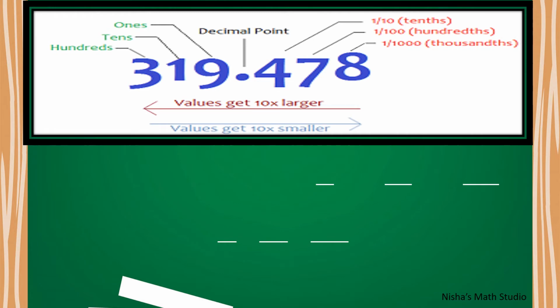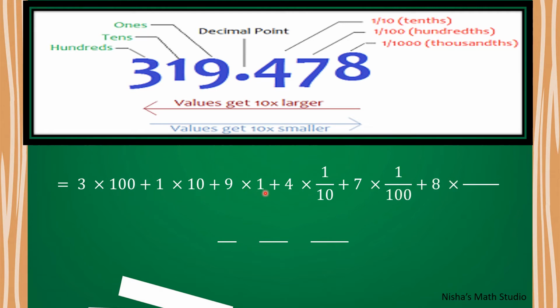Now let's see how to write it in the expanded form, 319.478. Now 3 is in the hundreds place, so 3 into 100 plus 1 into 10 plus 9 into 1. Till here you have already learnt it in your previous classes. How do we write the decimal numbers in the expanded form? After the decimal you have 4 in the 1/10th place.